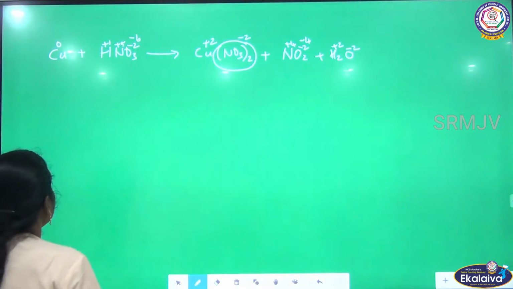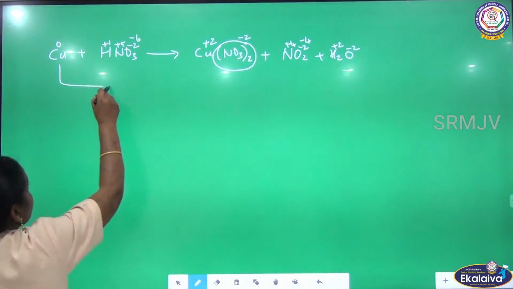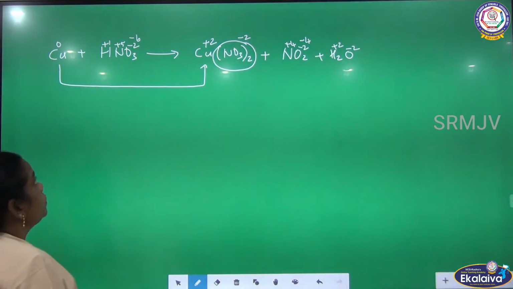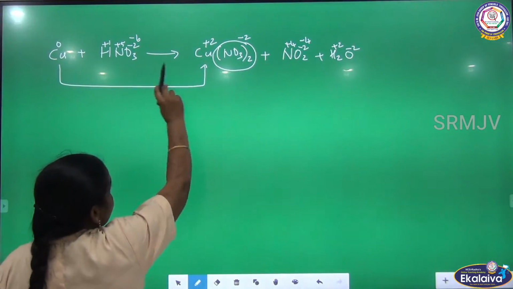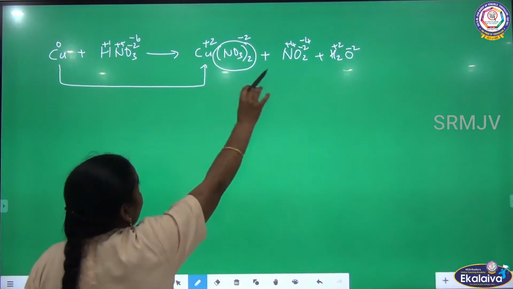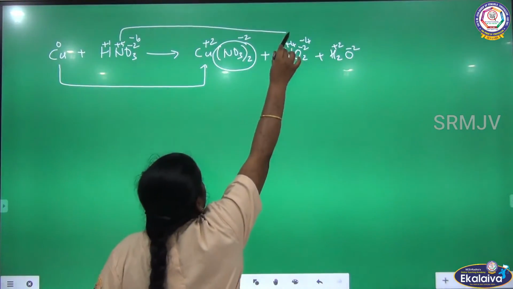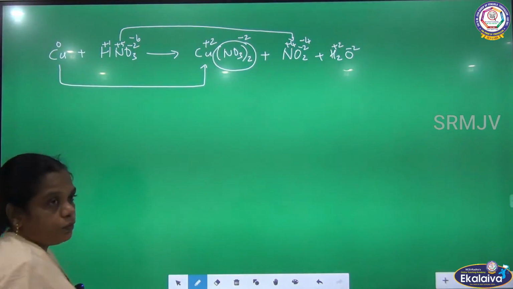Now you see here, copper becomes copper +2, nitrogen +5 to +4 is decreasing, hydrogen +1 and oxygen -2 remain.